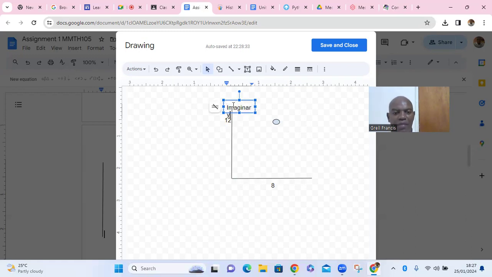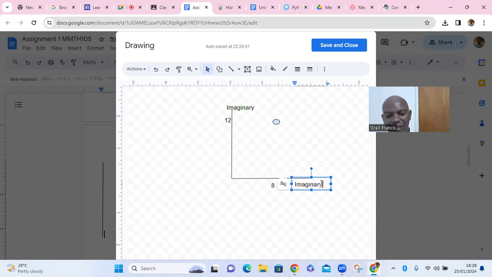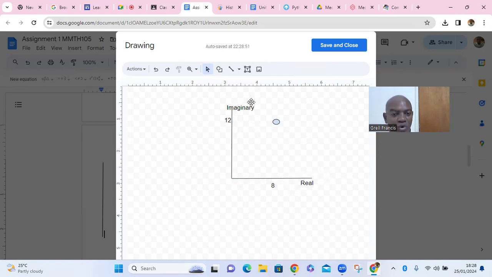Imaginary. And that's the real part down here. And that line, you can include the word vector, is that number. So all of that constitutes the visual of that complex number.